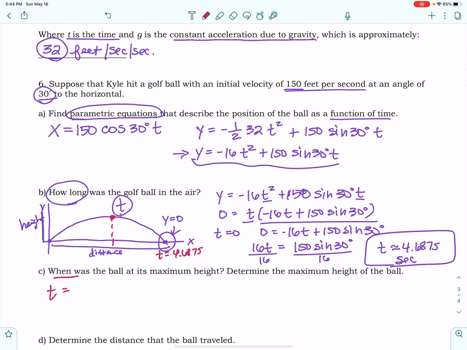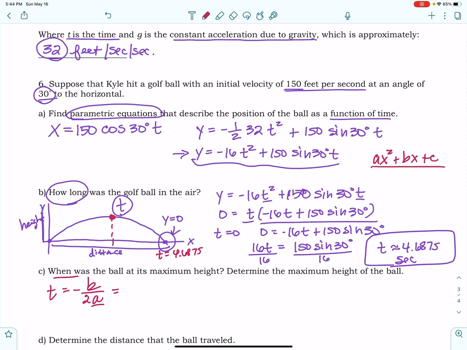Well, we're going to use a formula, a new formula, negative b over 2a. This is the formula for finding the vertex, or to find t at the vertex, because that is the vertex of my parabola, essentially. Okay, so what does this look like? Well, a and b are your values in your initial equation, because we know that ax squared plus bx plus c is the basic form of a parabola.